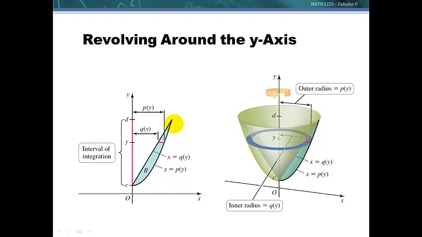As we rotate, our outer radius is p of y. Depending on where we draw, it's a function of y, so x is a function of y here, and then we subtract off this hole, which is the inner radius, q of y.